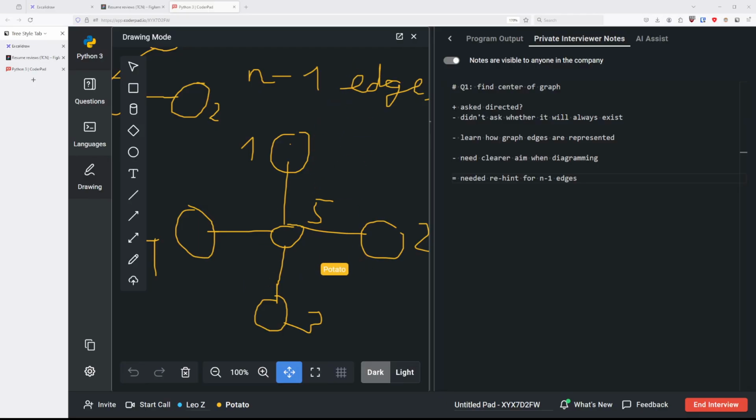So the center node is the only node which has n minus 1 edges, right? We've established that. Now we're trying to find the center node.